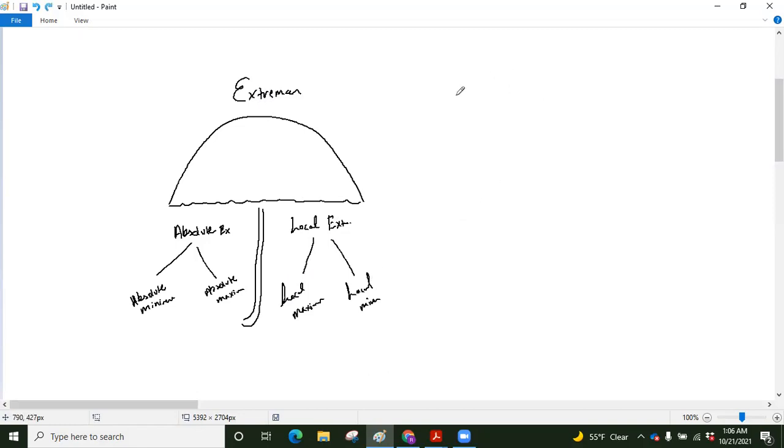So I think a good way to consolidate this information is to look at a graph.